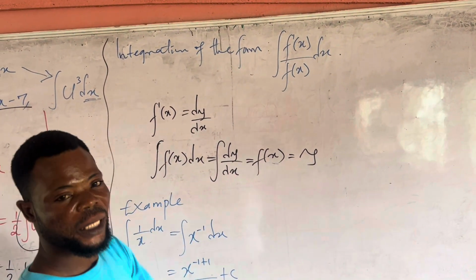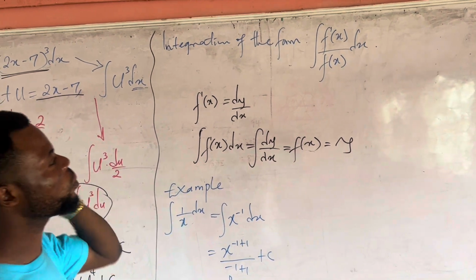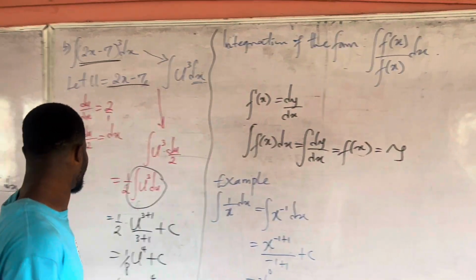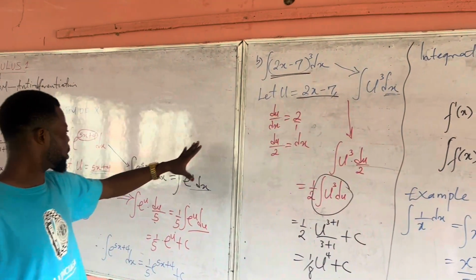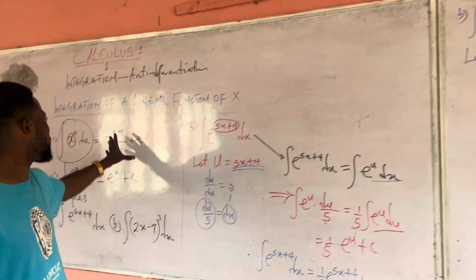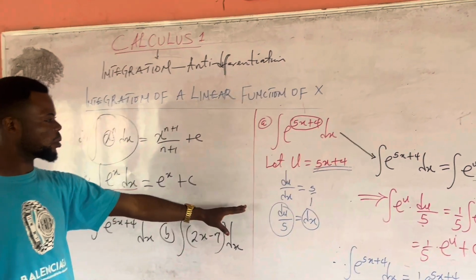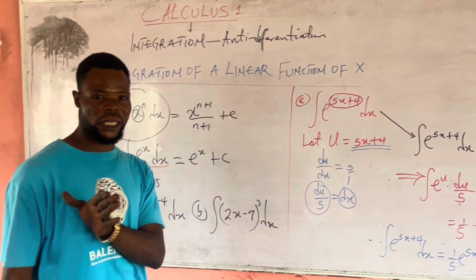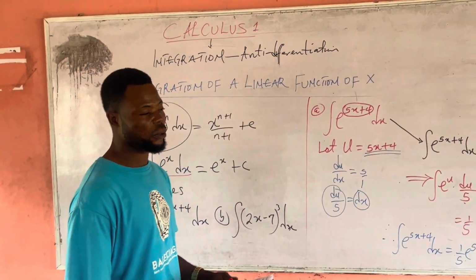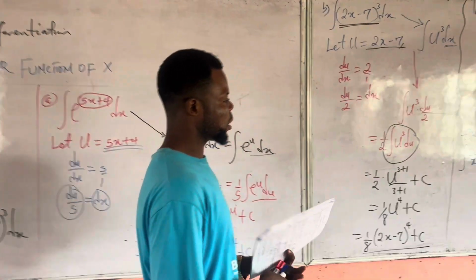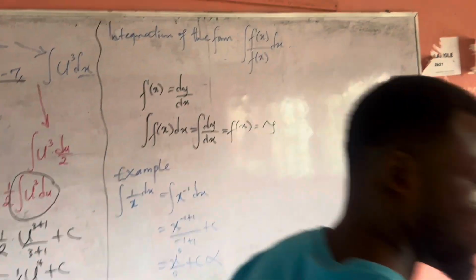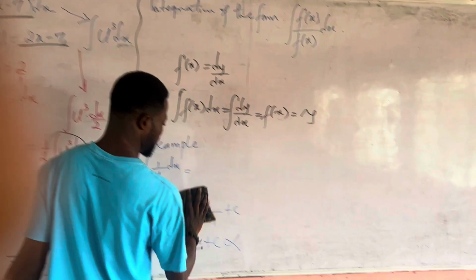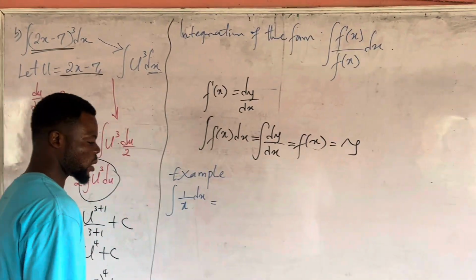If the answer is yes, then we take the substitution method of linear function that we just treated. But if it's not like that, then we apply another procedure. So this is very wrong, like I said. We cannot have it like this.